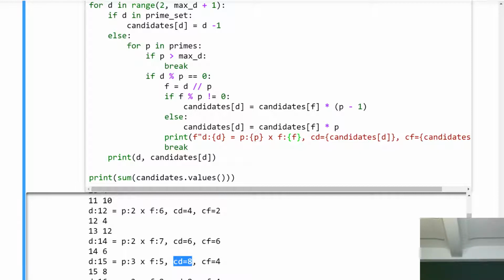You find 2 did not go, 3. Okay, I find 3. P is 3. F is 31. So now F is the previous one. Actually, you need to call the factor F and the previous one P. Maybe it's easier if I just print out the cases where this is actually done.